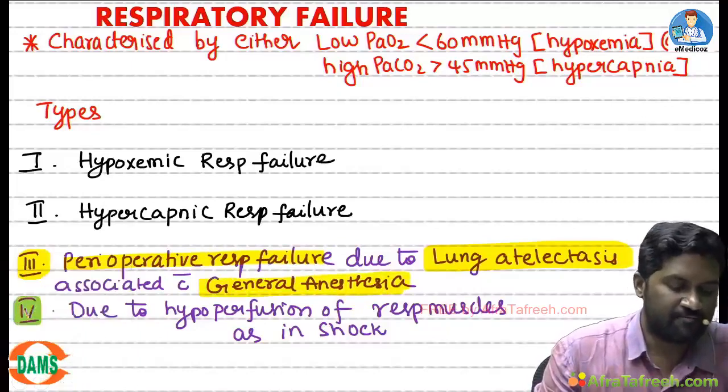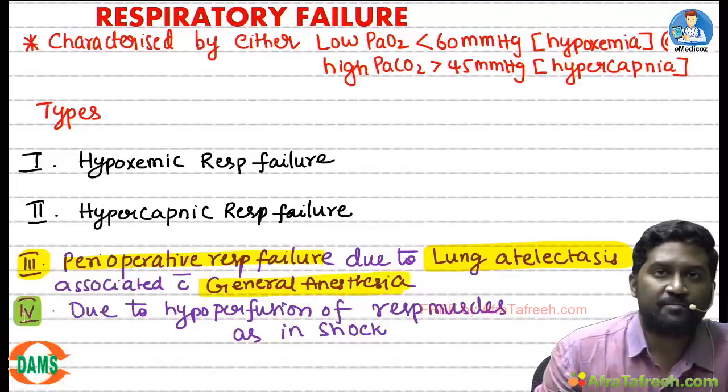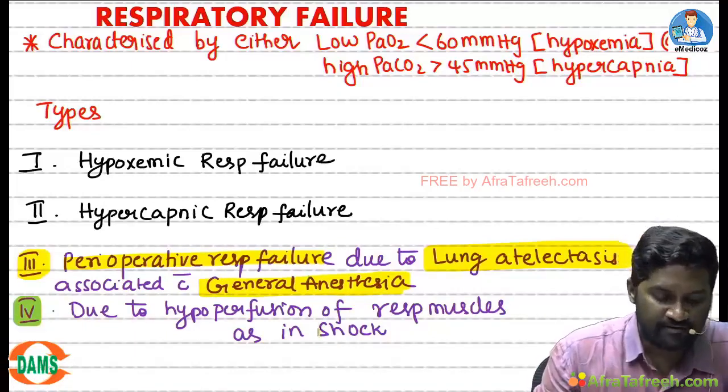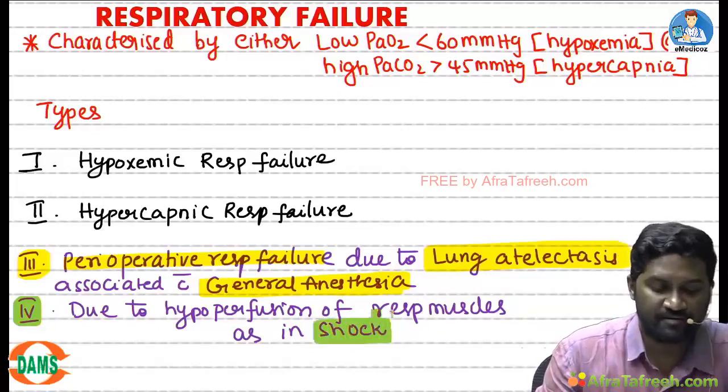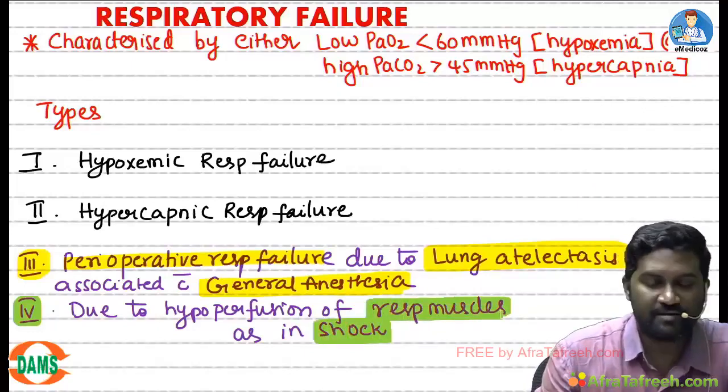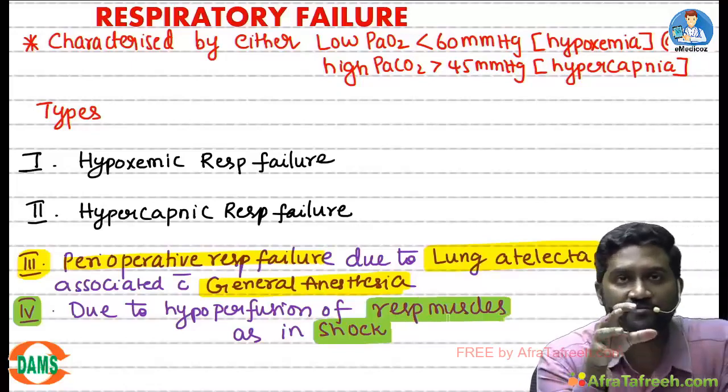Next, coming to type 4. Even my respiratory muscles need some blood supply for function. Now in shock, ultimately the blood reaching the respiratory muscles will decrease.